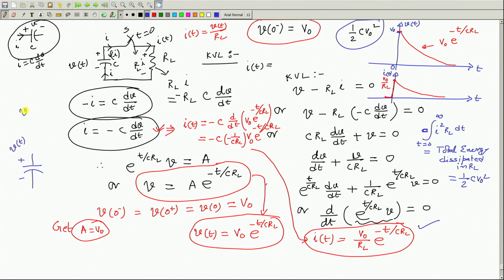And I told you that V 0 minus was equal to some V 0. This point I am repeating. Now, here is a switch S and I have connected a resistance R L. And at t equal to 0, this is closed.